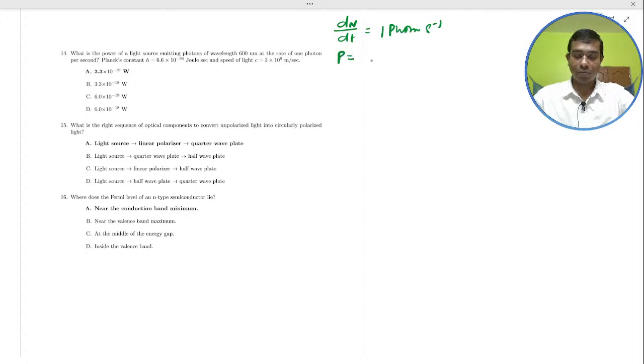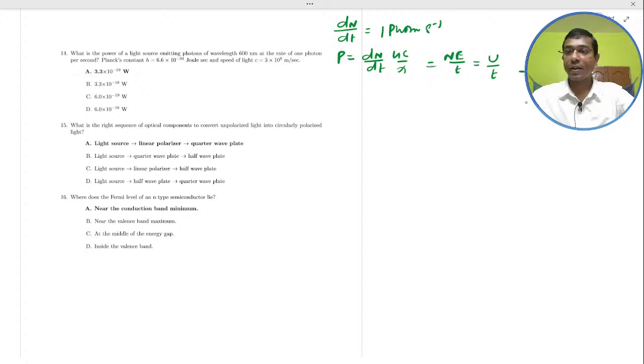So P equal to dn dt into hc by lambda. This is the formula. This is equal to n times energy divided by t, and this is U by t. U means this is basically the energy emitted per second. Put this value.